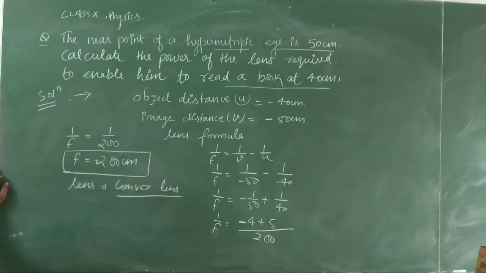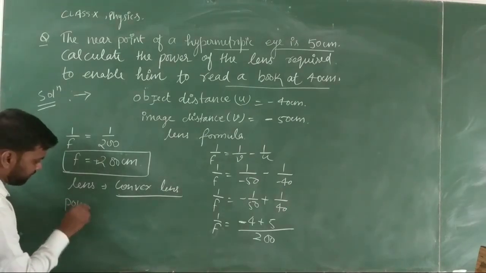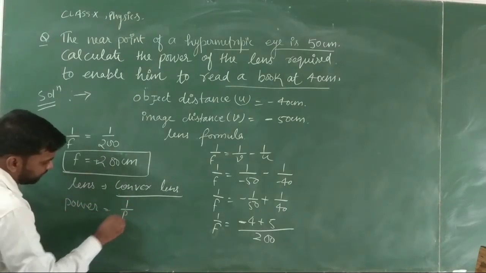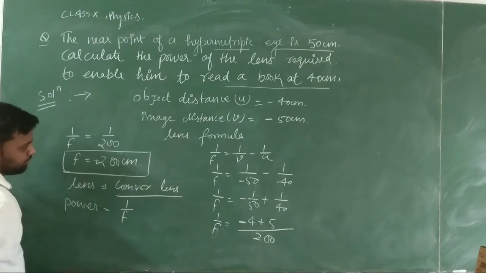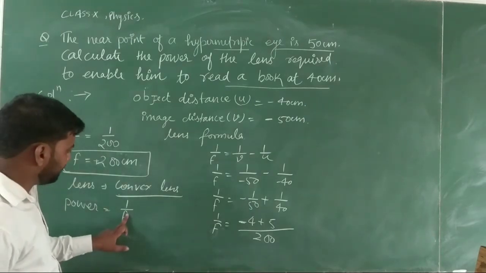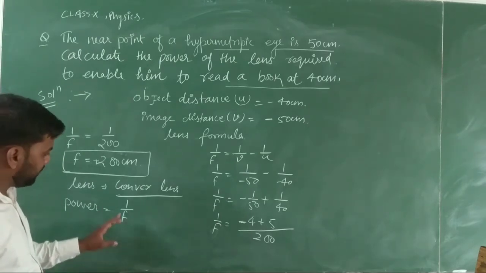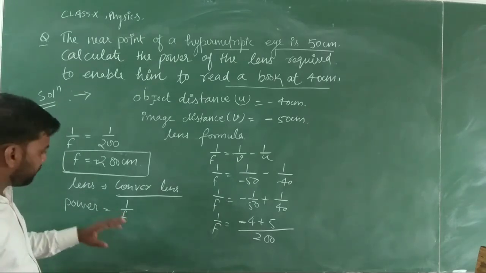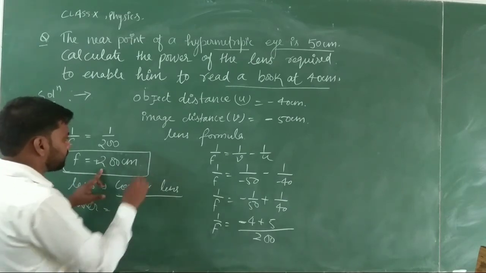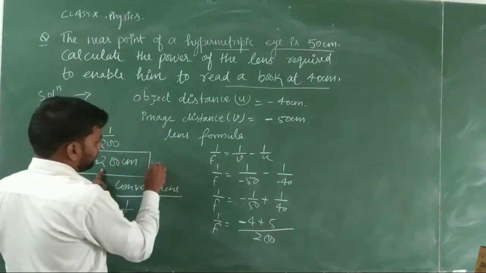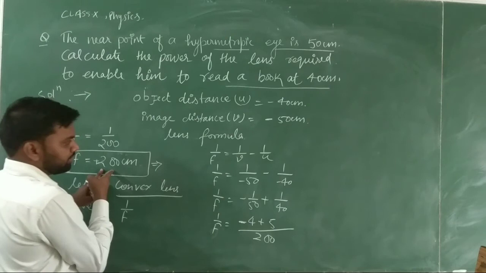Okay, now we will find out the power of the lens. We know the formula of power equal to 1 upon focal length. Okay, but here we can clearly see whenever we use 1 upon f, actually in this case we take the focal length in meter. So we can also convert this 200 centimeter into meter by dividing it by 100.